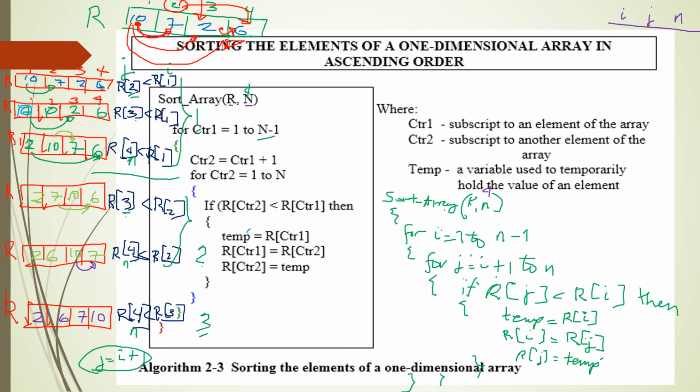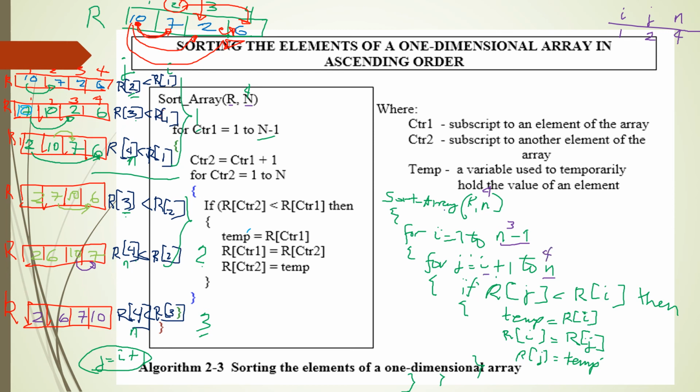And our n is 4. Okay. I initially is 1 hanggang maging n minus 1. n minus 1 is 3. So, hanggang 3 lang yung value ni I. Pasok siya doon. For j equals I plus 1, so I plus 1 magiging 2. Hanggang maging n. So, magiging 4.